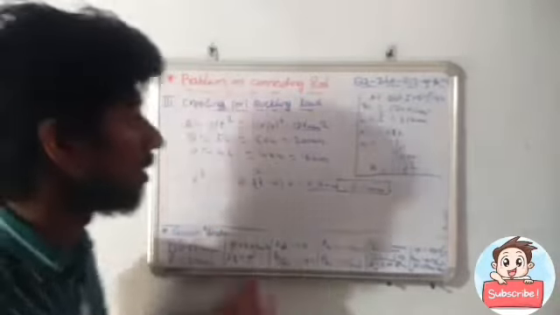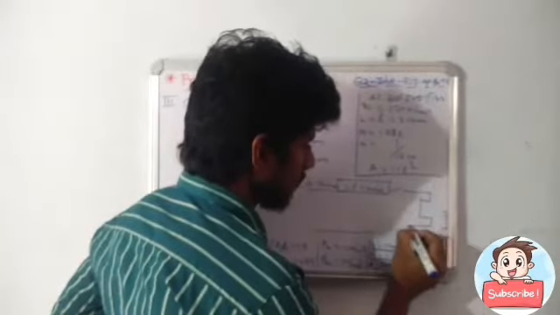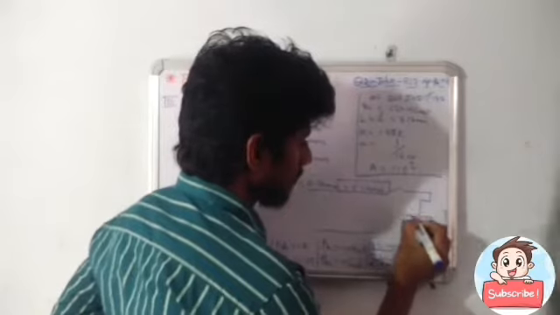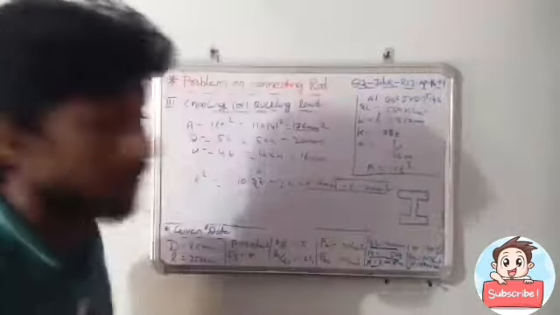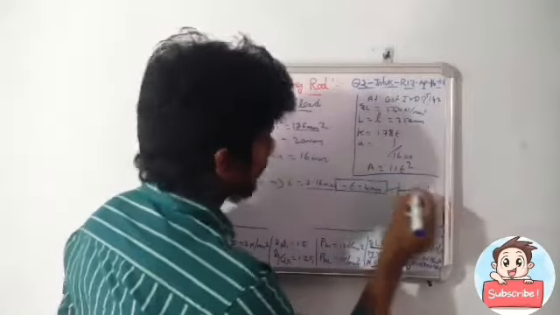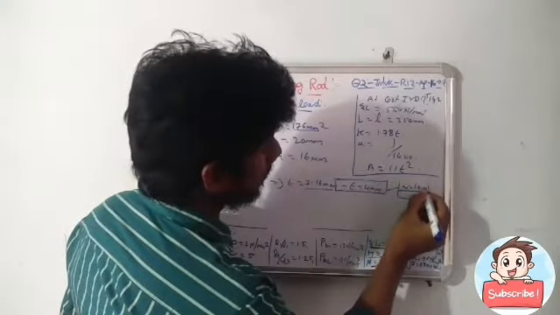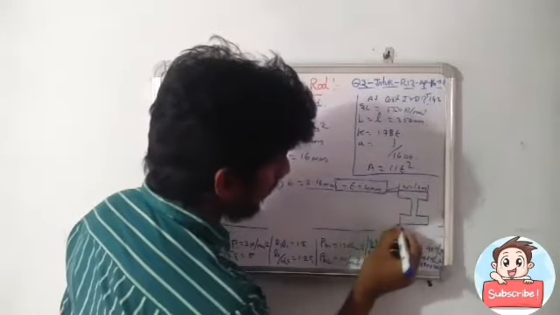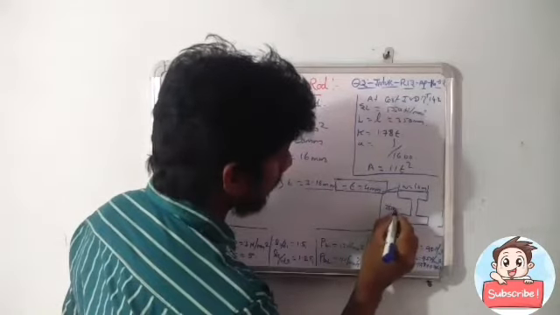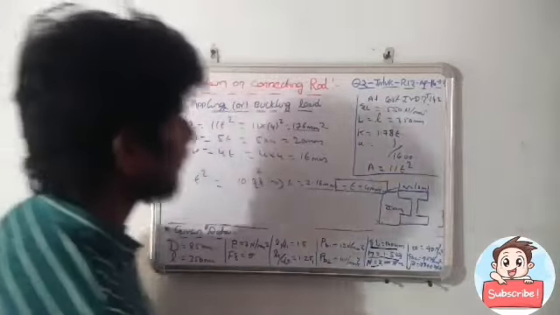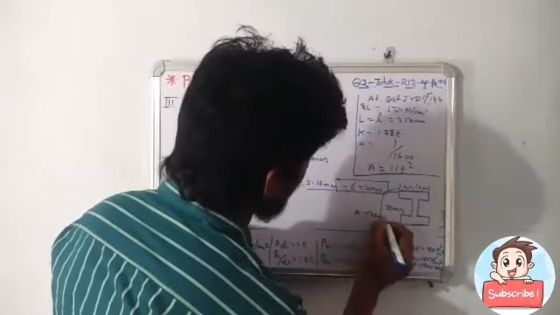So this is about the cross section of the connecting rod. The value of width is 16 mm, and the depth of the connecting rod is 20 mm here, and after that the area of the connecting rod is 176 mm square.